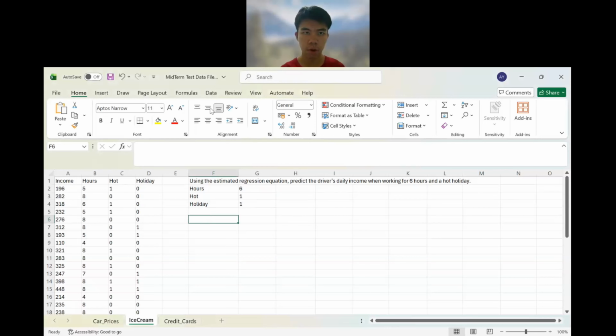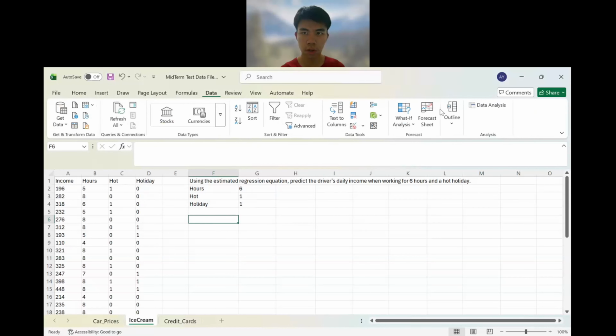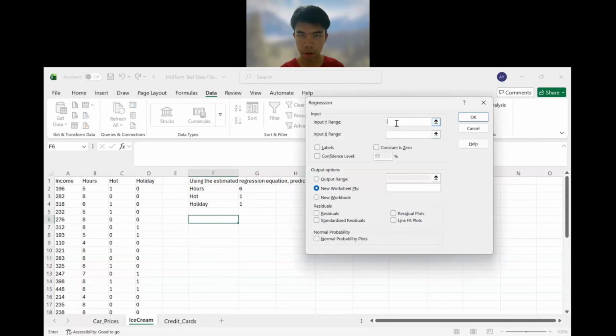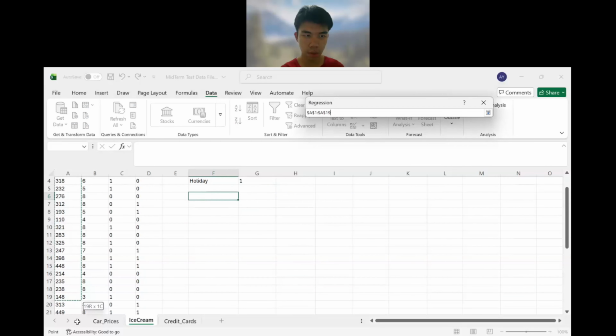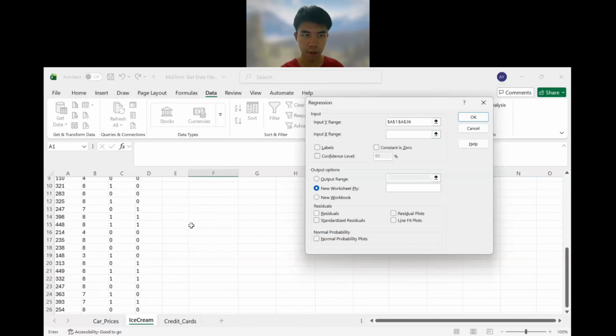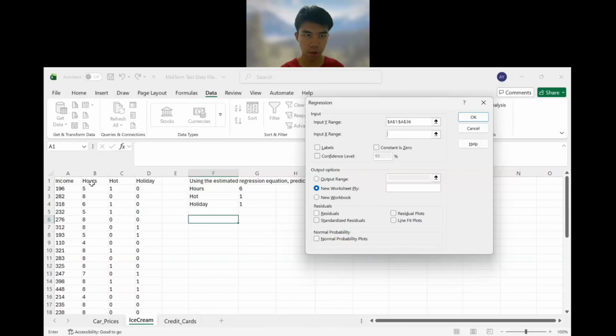So as usual, go to data analysis. Choose regression. The input Y is the income. And then the independent variables are the hours, hot and holiday.